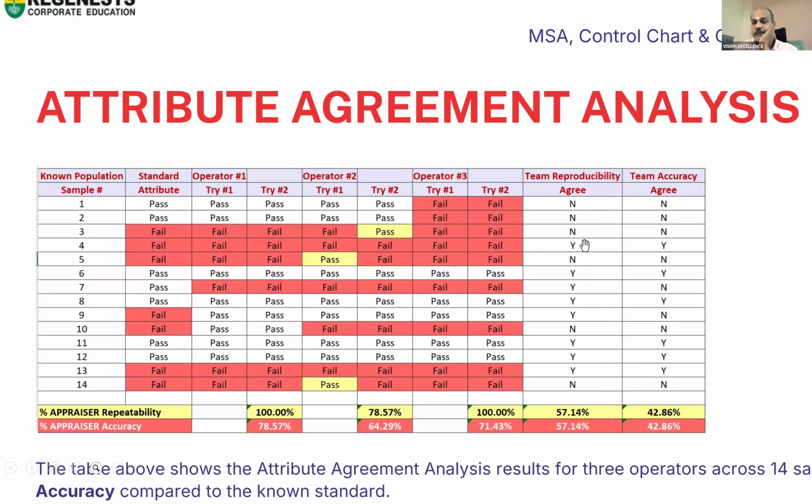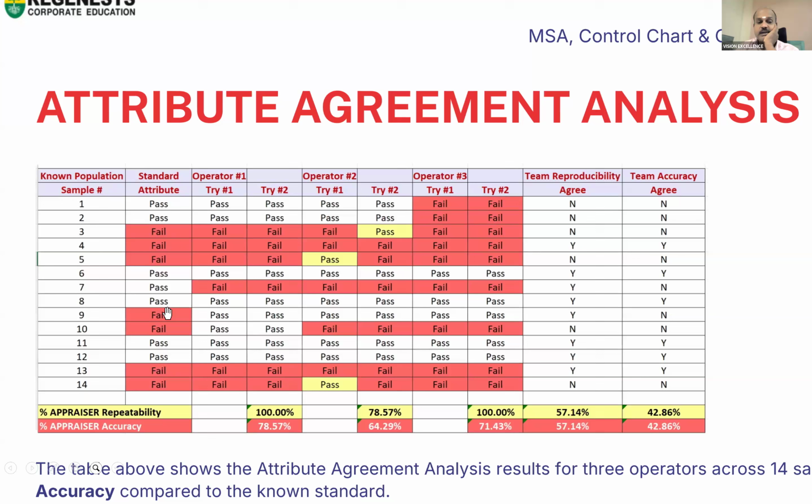There is reproducibility, there is also accuracy because the standard is also fail. But fifth one, there is a problem here, no reproducibility, no accuracy. Sixth one, all pass, there is reproducibility, there is accuracy. Seventh one, the standard is pass, but everybody says fail. There is reproducibility, but there is no accuracy. Do you understand?